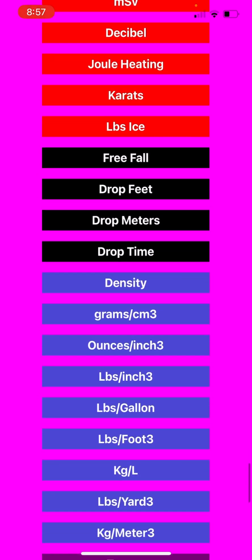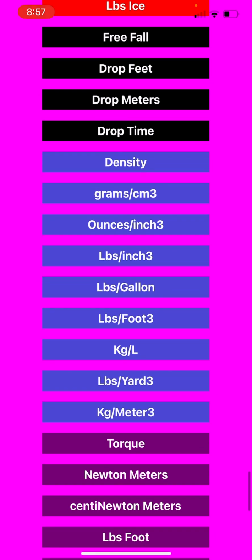We have a free fall calculator, so if you were on top of, for instance, Coronado Bridge, and you wanted to know, if I drop something, how fast will it be going when it hits the water? Or if I want to parachute off it, how much time is it going to take me to hit the water down there?